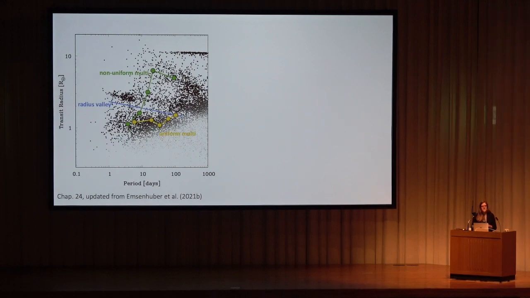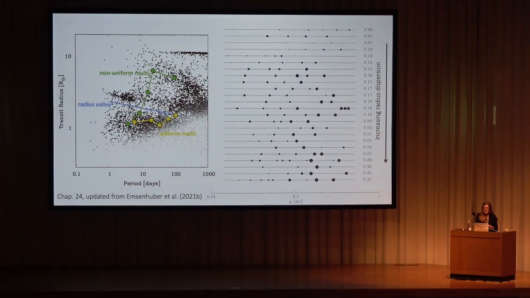The model recovers several of the broad features of the planet population, including this abundance of close and small planets, the radius valley, and they do produce some systems that are very similar to the uniform compact multis, such as this yellow system here, as well as some systems that are more size diverse, like this one. On the right here, we can see some synthetically generated systems with 5 or more planets. Many of the synthetic systems show these intersystem regularities like the observed systems.